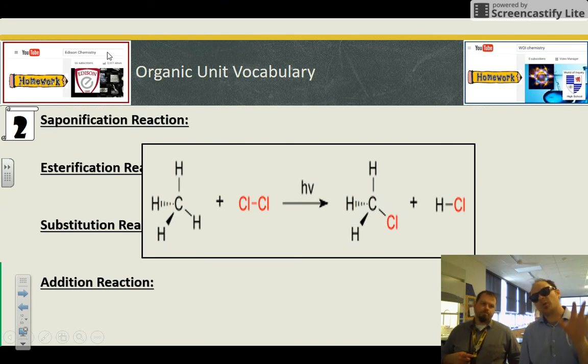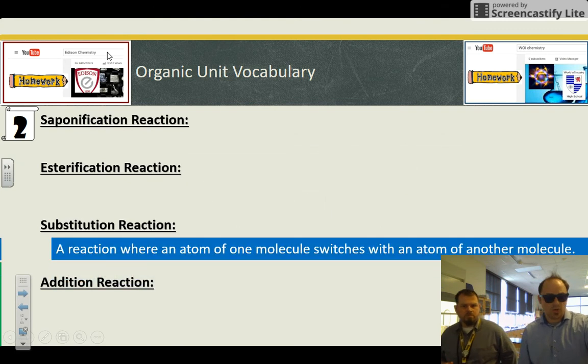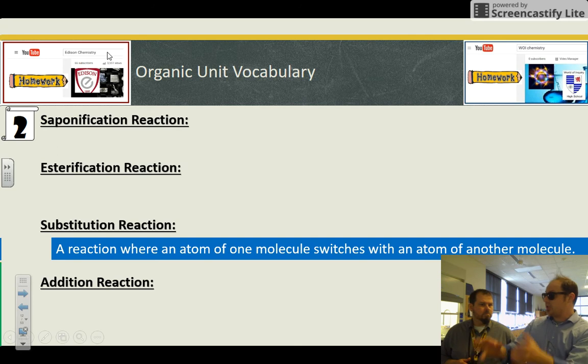But anyways, a substitution reaction sounds exactly like it says. You're going to substitute something for something else. So in this case, we're substituting a chlorine for a hydrogen. A reaction where an atom of one molecule switches with an atom of another molecule. This is literally like a single replacement, but with organic molecules specifically, not ionic ones, which is how we studied single replacement and double replacement.